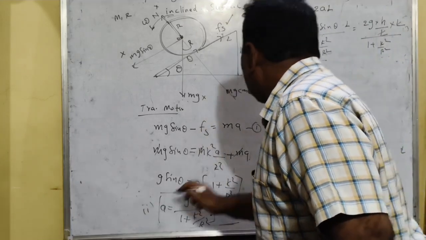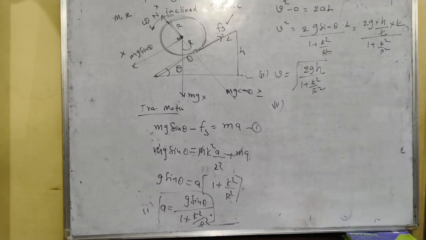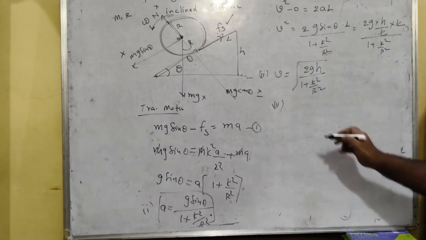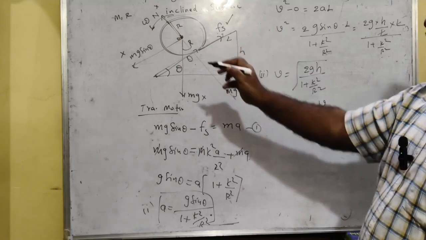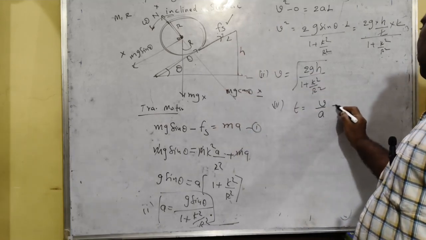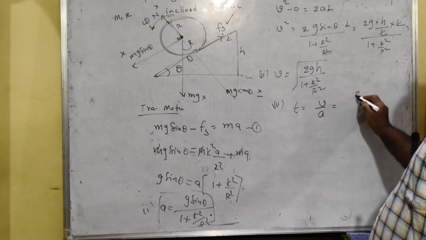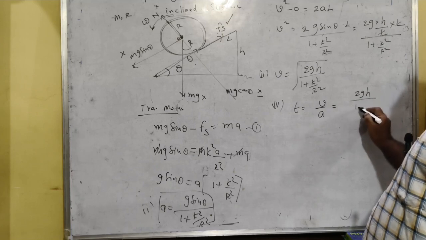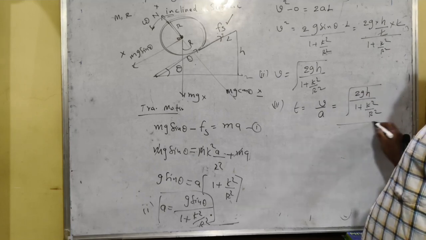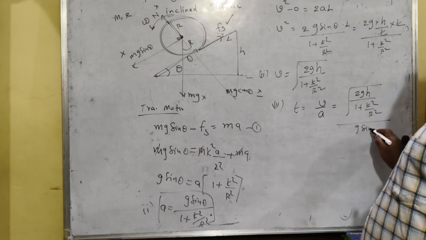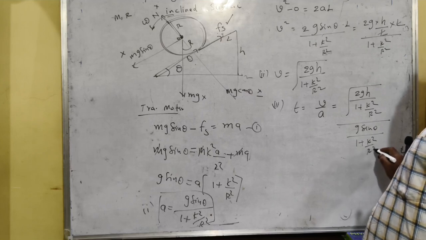Similarly, the third value, if you want, what is that? Anyone? Frictional force, or coefficient of friction, or time taken. What is the time taken? T is equal to translational velocity by translational acceleration. From this, the translational velocity we already calculated, root of 2gh by 1 plus k square by r square, divided by g sin theta by 1 plus k square by r square.